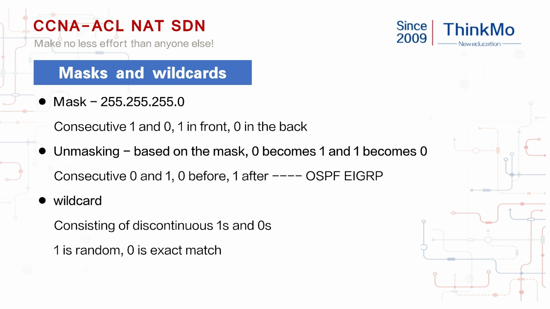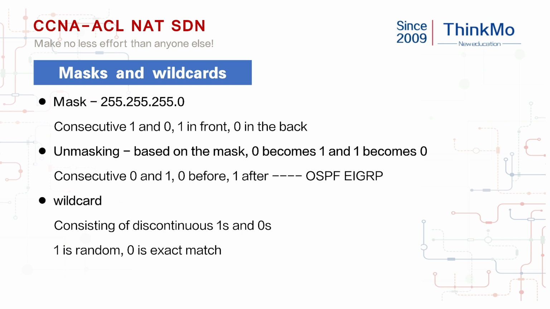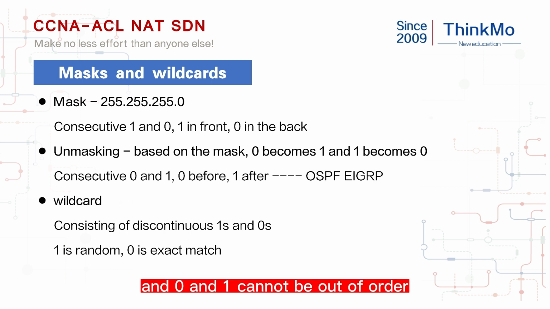Then the anti-mask we said before is, based on the mask, turning 0 into 1 and 1 into 0. Just like we talked about with the OSPF announcement earlier. The original 24-bit mask declares a network segment as 24 ones and then 8 zeros. When we declared it, it was 24 zeros and 8 ones. The anti-mask is composed of consecutive 0s and 1s, which cannot be out of order.